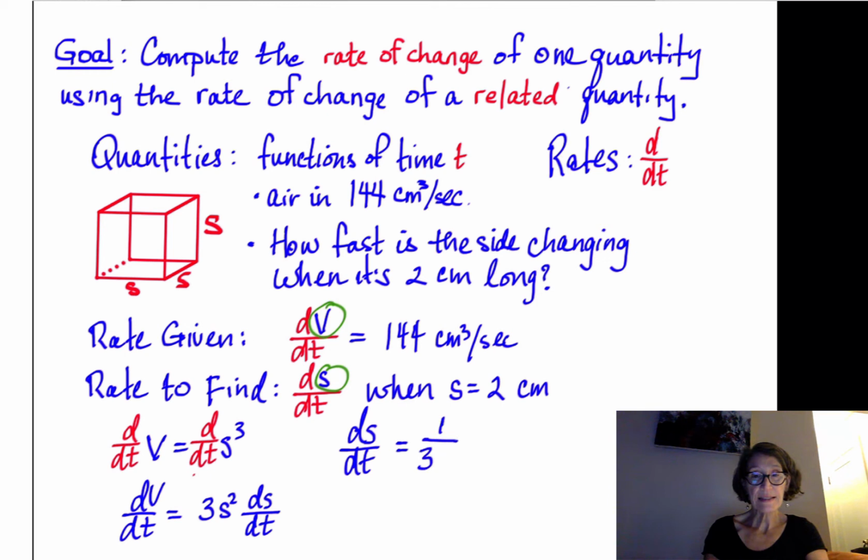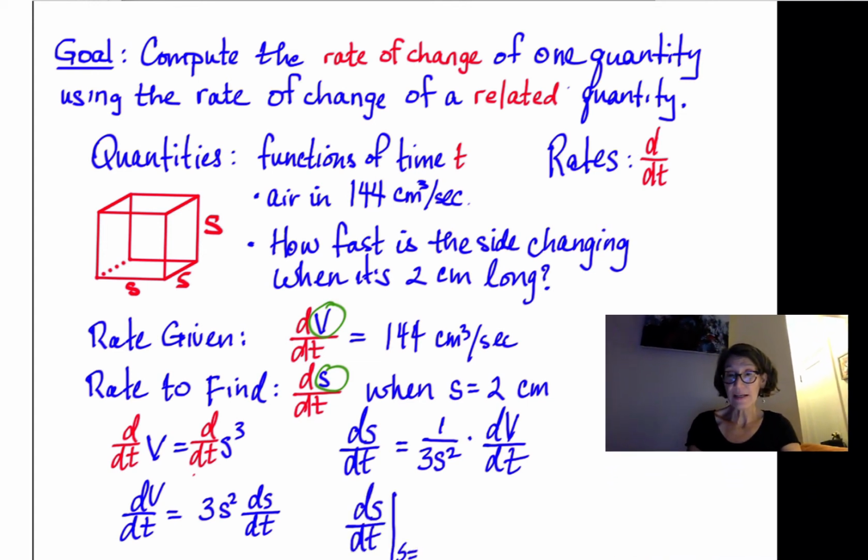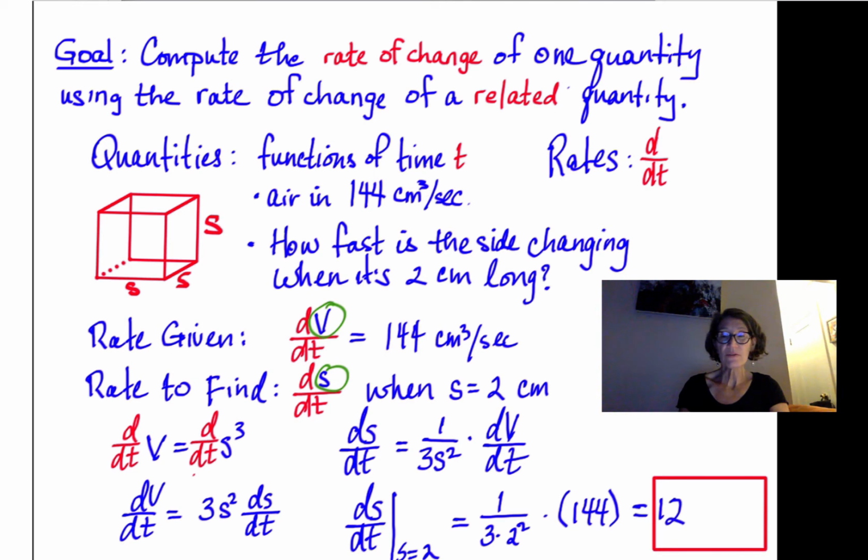I get ds/dt is 1 over 3s squared times dV/dt. And now I can start plugging in. So ds/dt evaluated at s equals 2 is 1 over 3 times 2 squared times 144. And I get 12 centimeters per second.